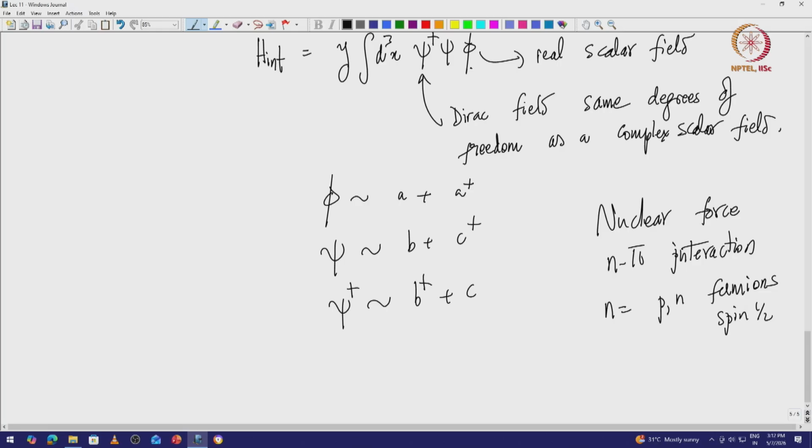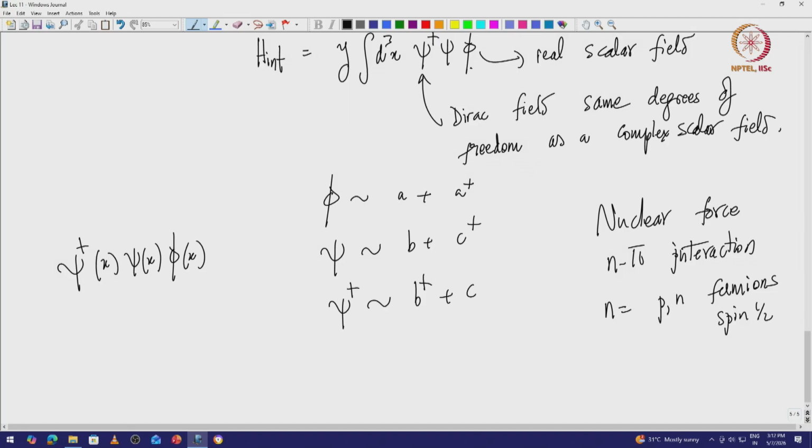At a given state, if they are all at the same point, like for example what I am writing, what does it do? If you take an annihilation operator, this interaction can annihilate a meson in principle.